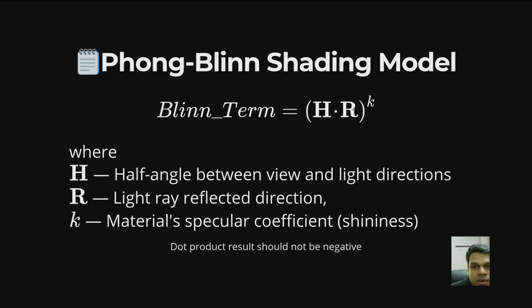So the Blinn term is now H, the halfway vector between the view and light sources, dot R, which is the reflected direction, to the power of K, the specular coefficient.